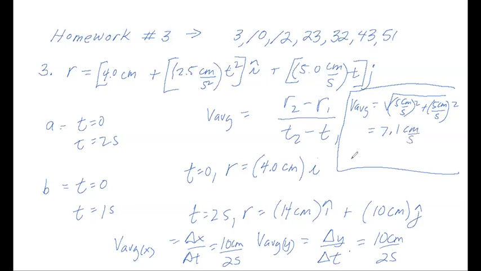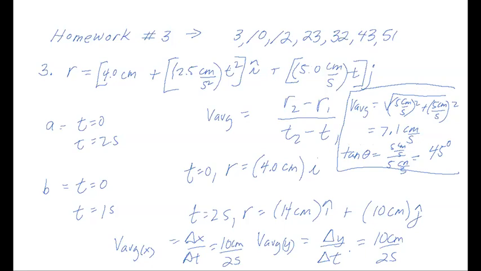And for the direction, tan theta equals 5 over 5, so tan theta equals 1, which is at 45 degrees. So that's going to be 45 degrees.